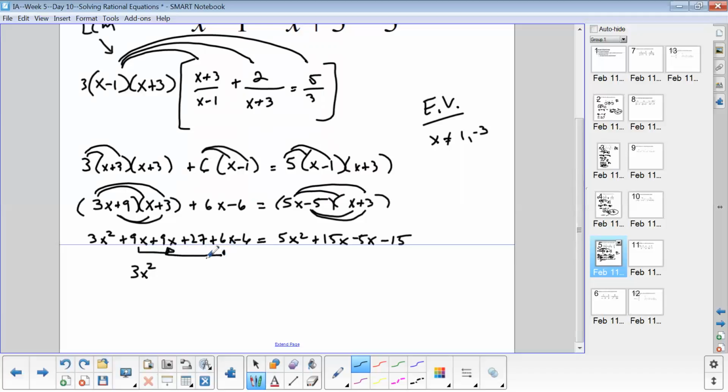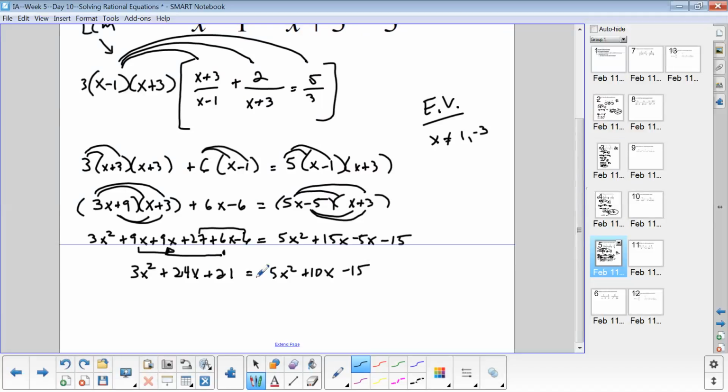So these 3, that's 18 and 6, that'll be 24x. And then 27 minus 6, that's going to be 21. And then 5x squared, 15x minus 5x, that's going to be 10x minus 15.